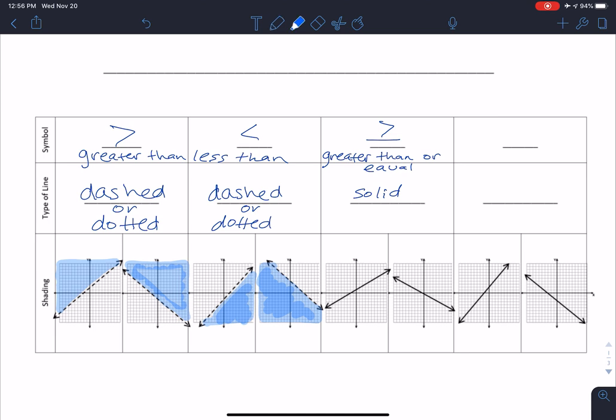So when I have a positive slope like the first picture, above is right here. If I have a negative slope, above is right over here to the right. And then on the last one, I have less than or equal to.